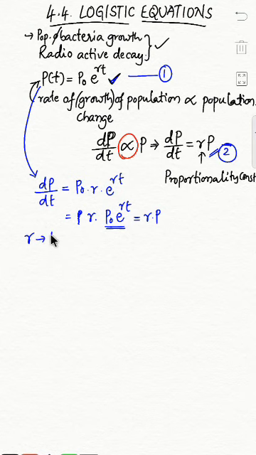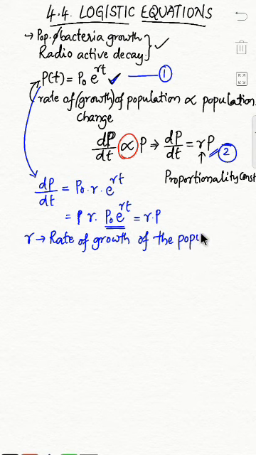It is called the rate of growth of the population.